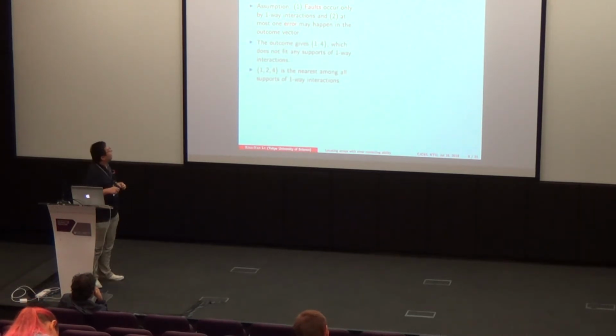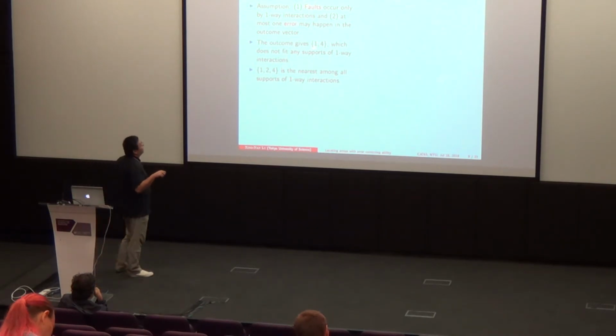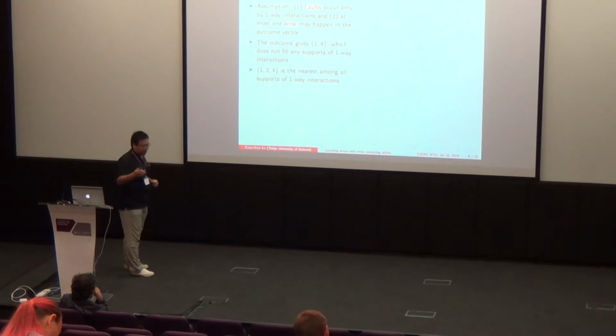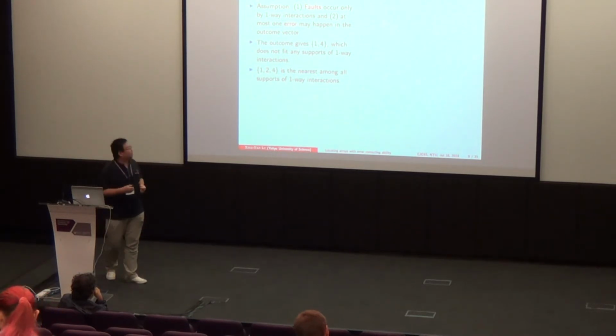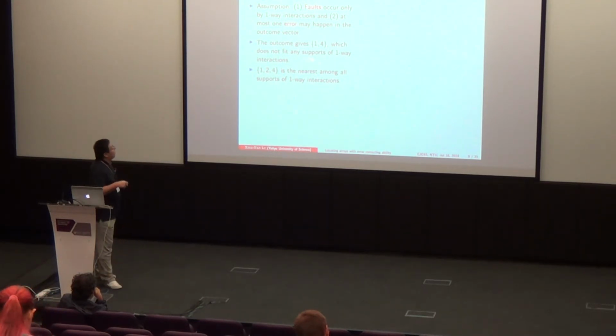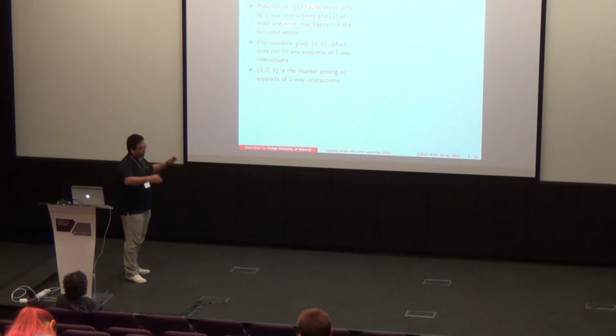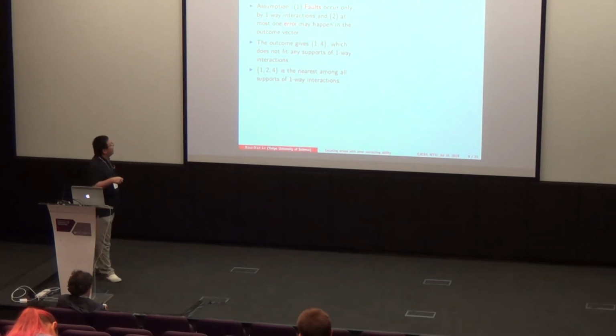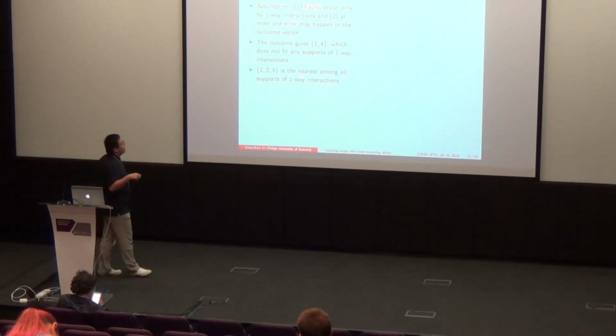So now, for example, the outcomes give us the first test, and the first test gives the bad outcome. But in this case, maybe this subset 1, 4 does not fit any supports in the previous table. And in that table, actually, the subset 1, 2, 4 is the nearest.